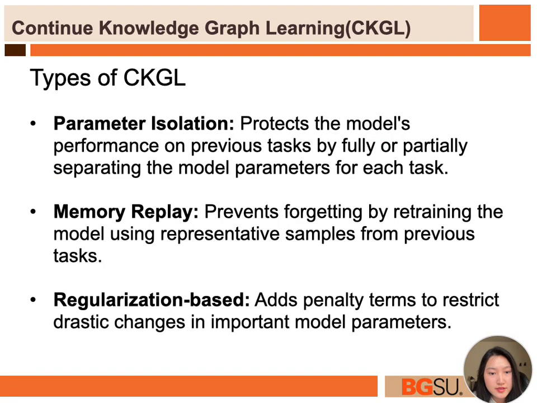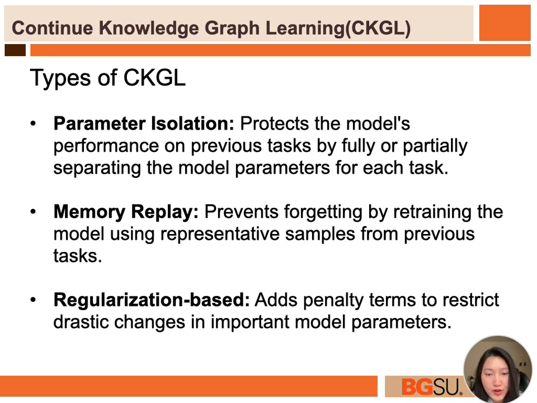According to most surveys, we could roughly categorize continual knowledge graph learning into three types. The first one is parameter isolation, which protects the model's performance on previous tasks by fully or partially separating the model parameters for each task. The second one is memory replay.